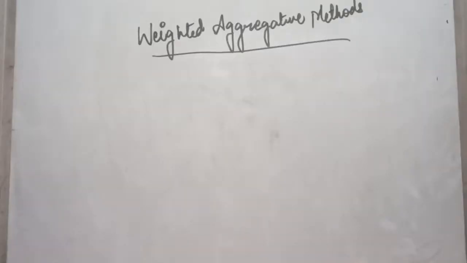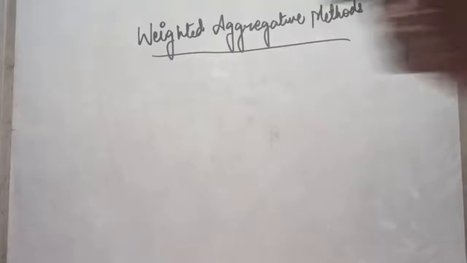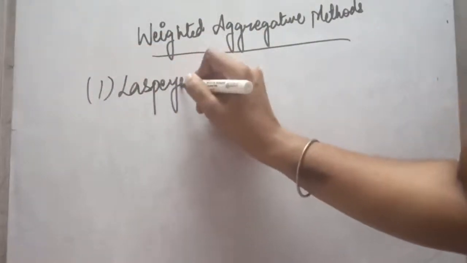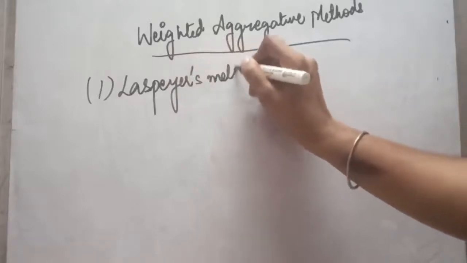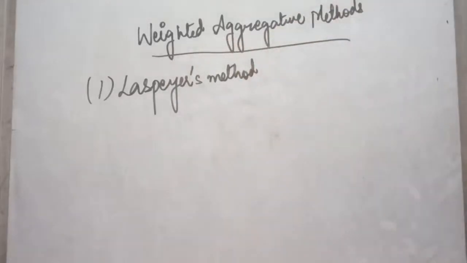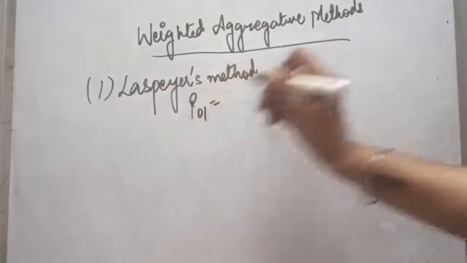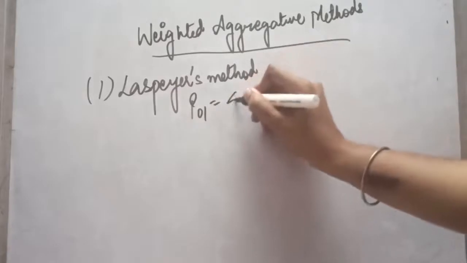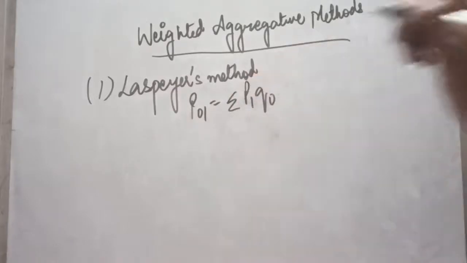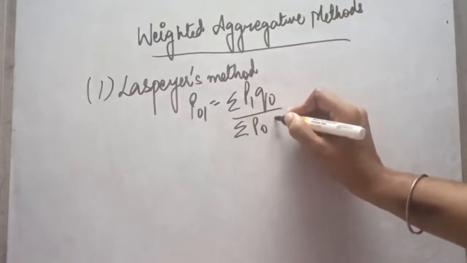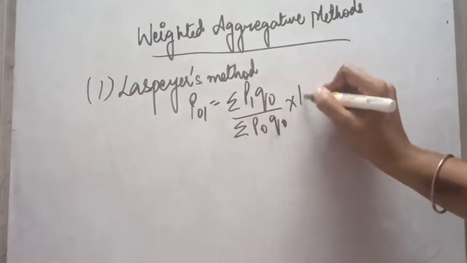Under weighted aggregative methods, the first method is Laspeyres' method. Laspeyres' method was devised by the German economist Laspeyres in 1871, and the formula for calculating the price index is sigma P1 Q0 divided by sigma P0 Q0 into 100.